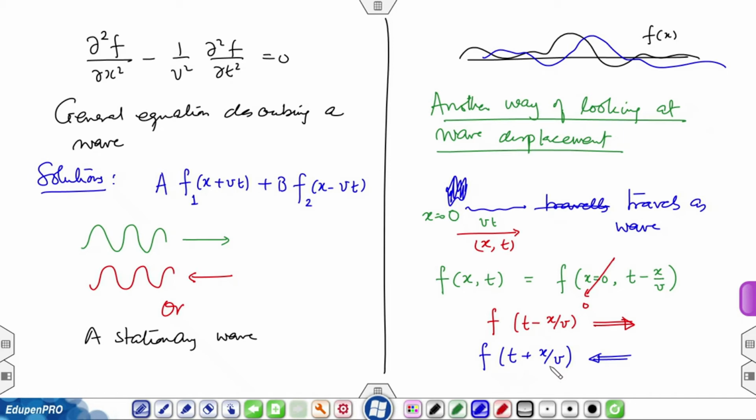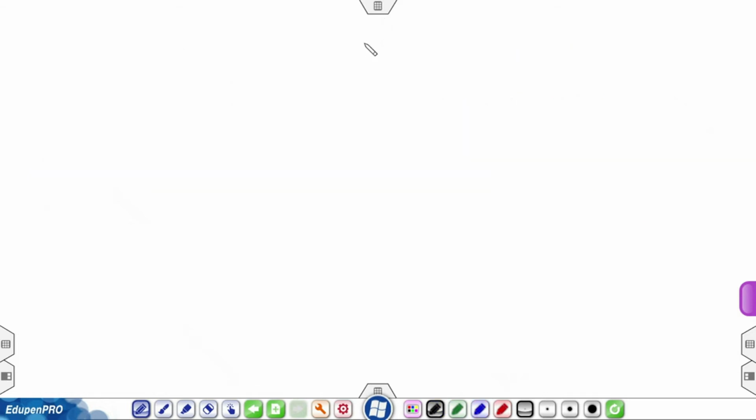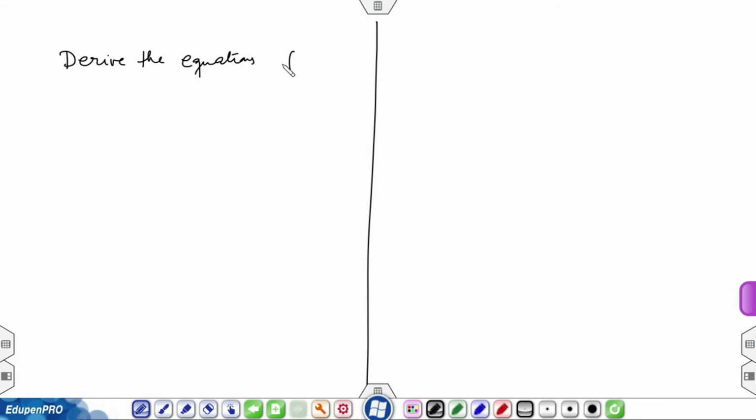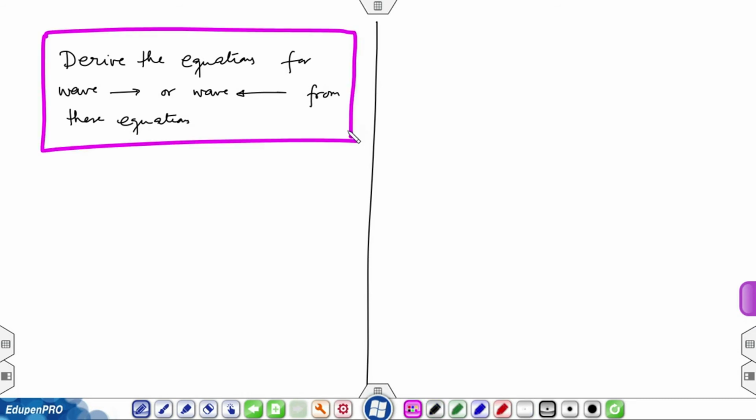So, what I want to give you now is a question: derive the equations for a wave going to the right or a wave going to the left from these equations. And then also derive the general equation.